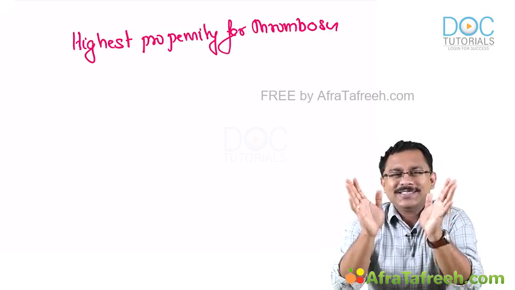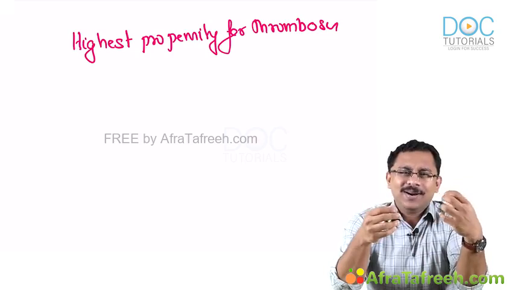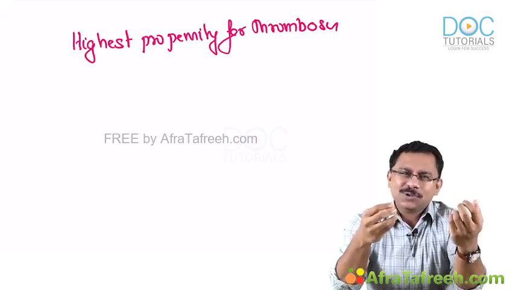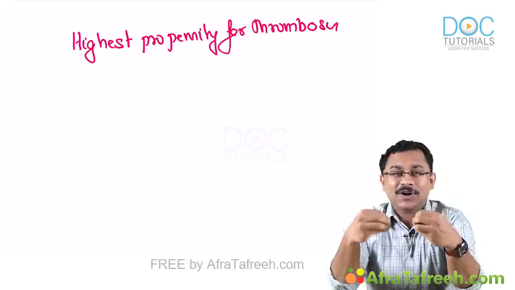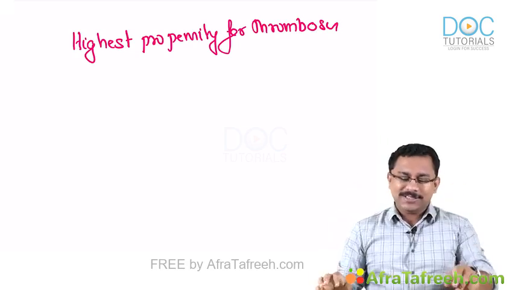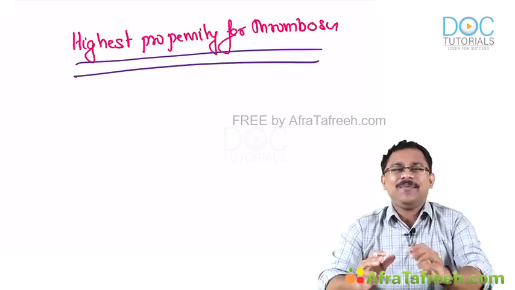Though all glomerular disorders with significant proteinuria are associated with an increased risk of thrombosis, this disorder has the highest risk among all, which is very important and has been asked multiple times.